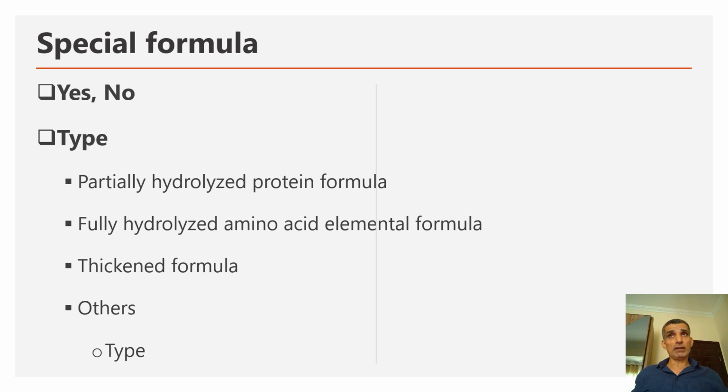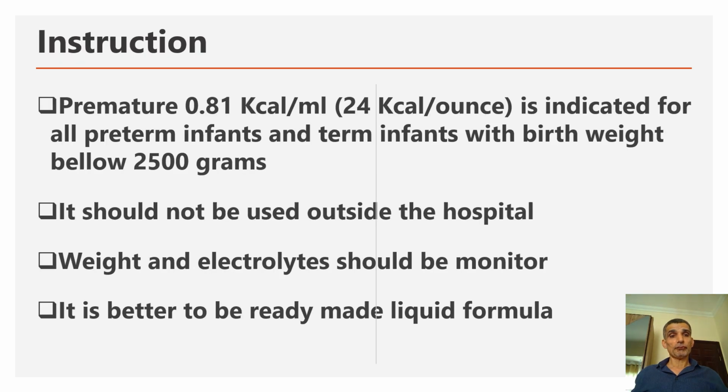And then you can state other types, especially for metabolic diseases or special consideration. If you said others yes, then you need to state the type. And you need to give some instruction in certain situations. And these are tips for writing the instruction.